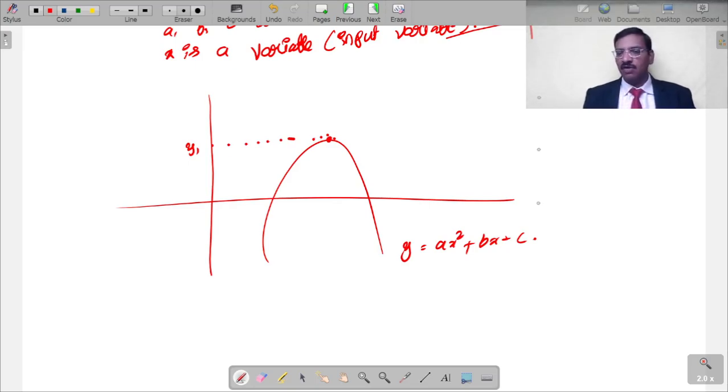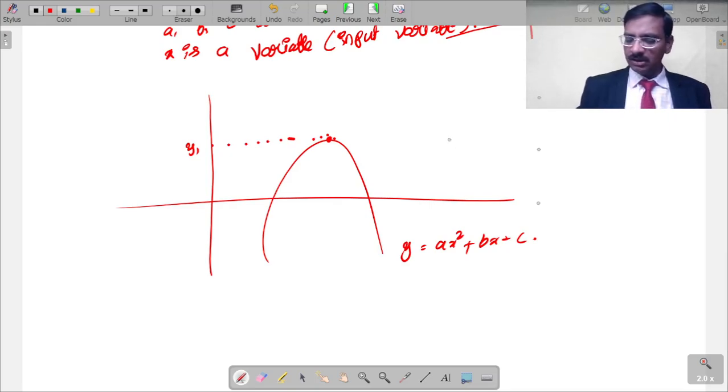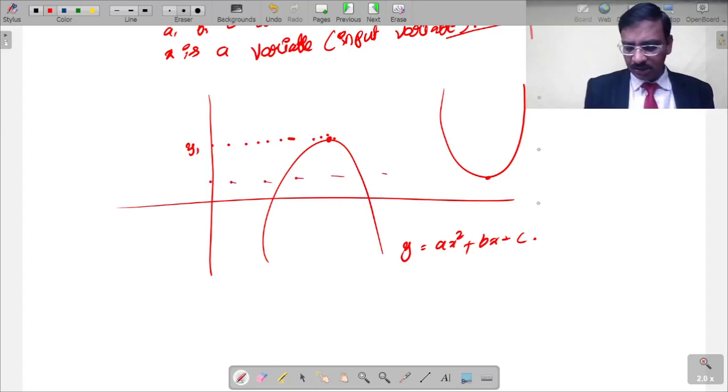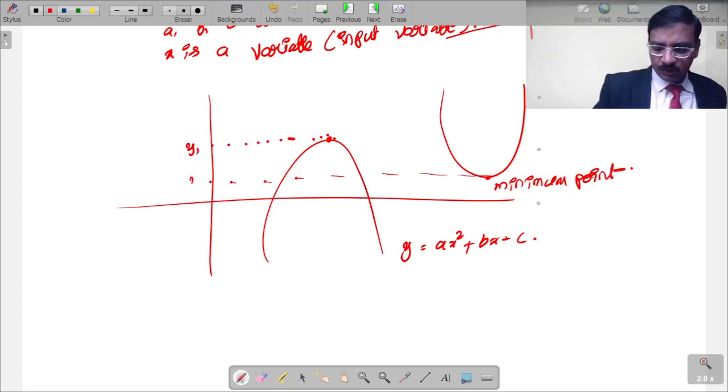Similarly, if I have one more graph in a different way, suppose the shape is like this, then this is the bottommost point. Exactly this point is the minimum point. And this is y2, and this is the maximum point.